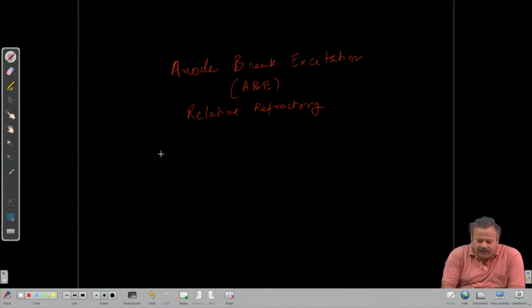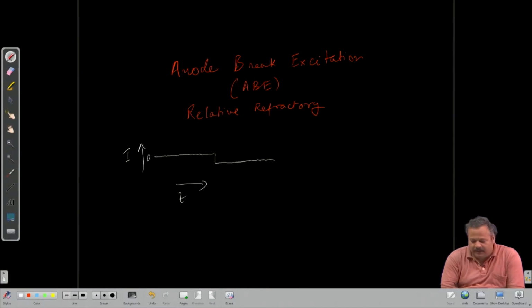So, here is how it would look. Let us say this axis is the current and this axis is time, and this is 0 current, and we have a current clamp that would look somewhat like this.